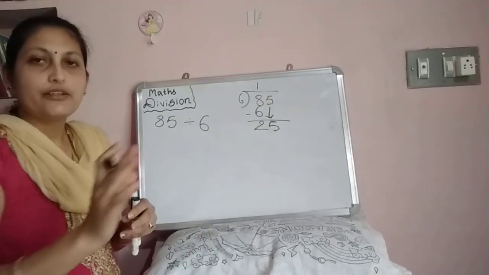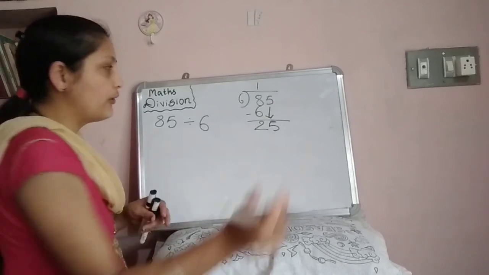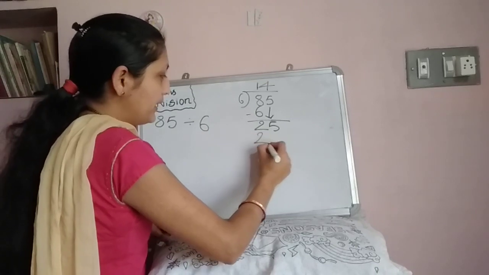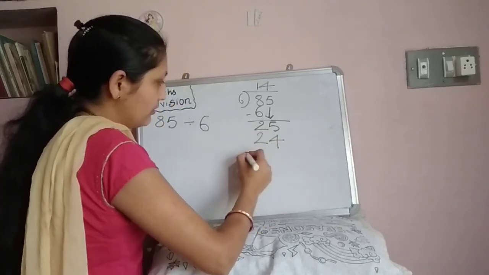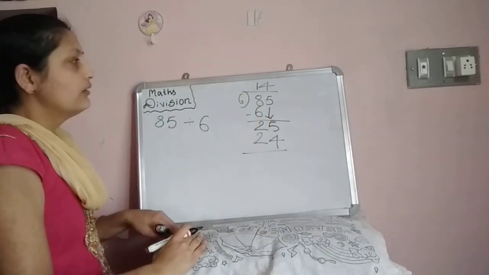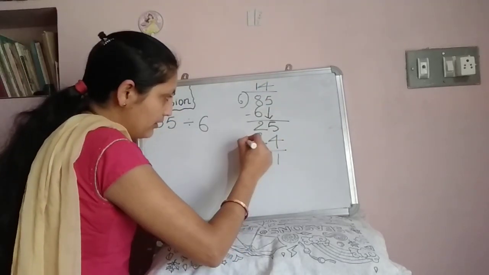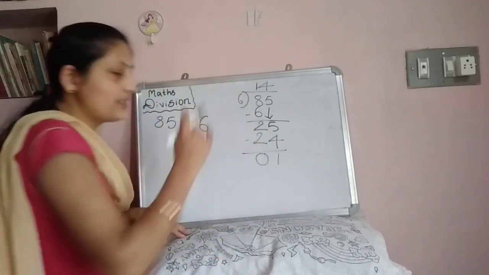You can take 6 4s are 24. So 4 here. Now subtract, 5 minus 4 is 1. 2 minus 2 is 0.